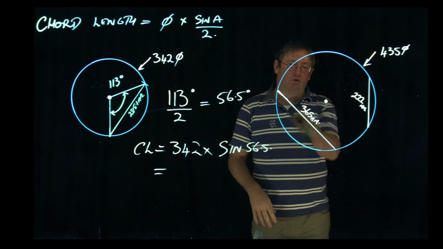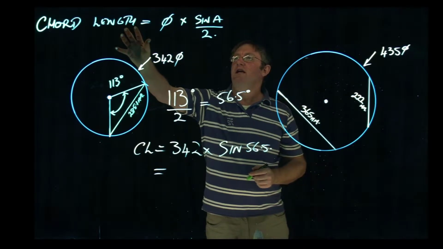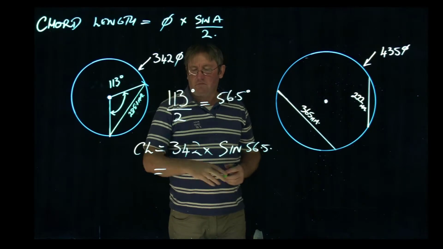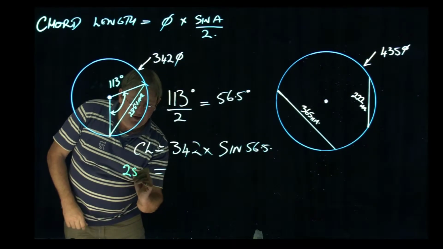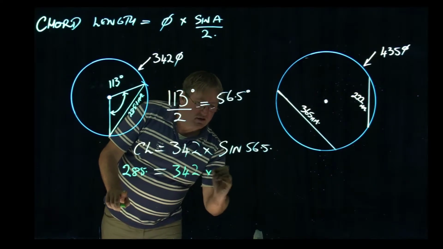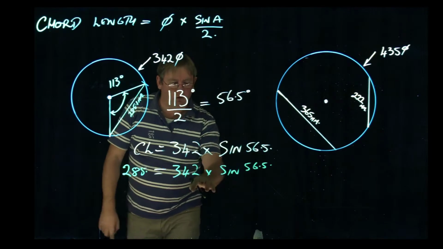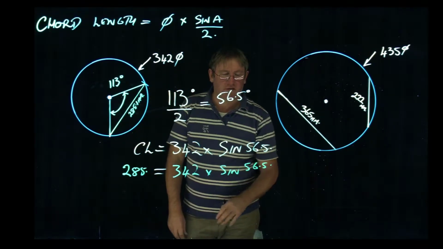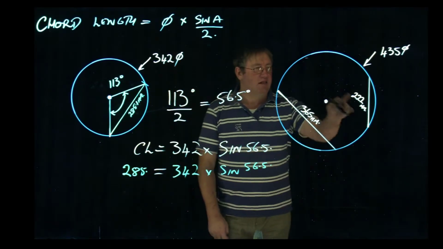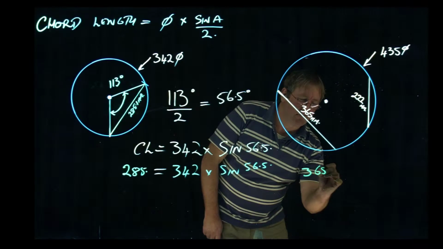Now we want to work back from our actual sizes. So using the formula again, what did we do? We took the step of determining the chord length by working through the formula in that method. 342 times sine 56.5 gave us 285 millimetres. In this case, I've got the chord length of 365.